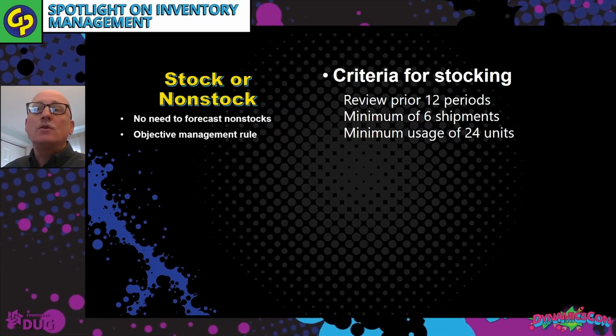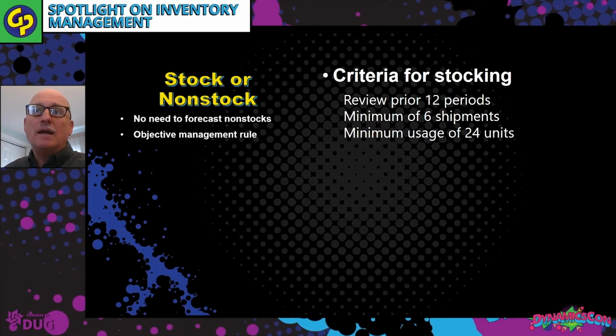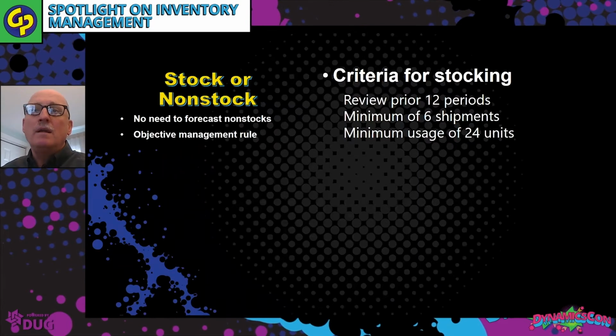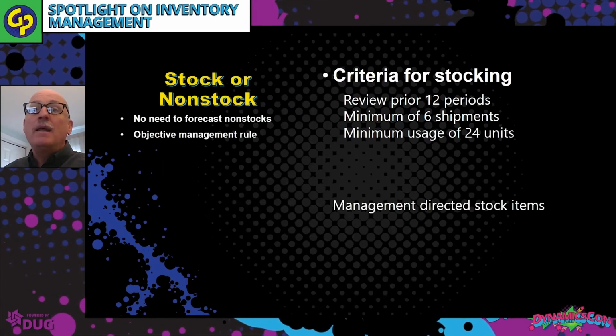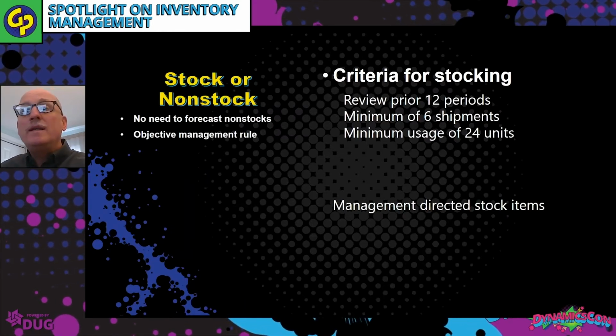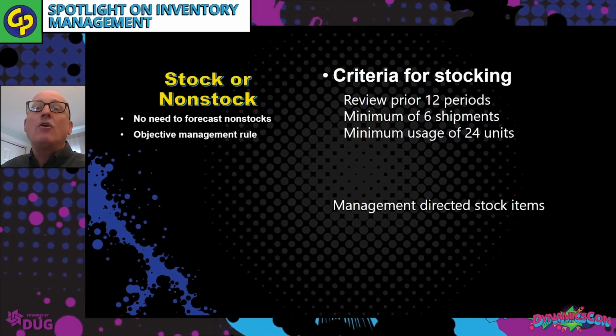So you need to continually re-review and reassess what is stock and what's non-stock. Having said that, having criteria is one important thing to have to be able to define stock and non-stock. But there are going to be times when management says, we need to stock this because if we have this item, it allows the sale of other items.